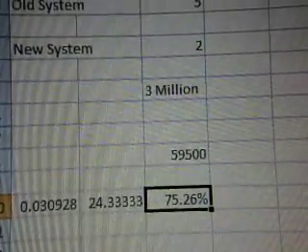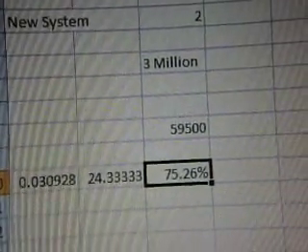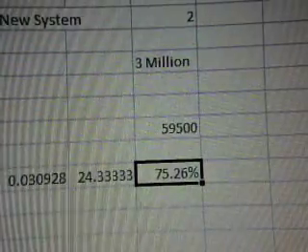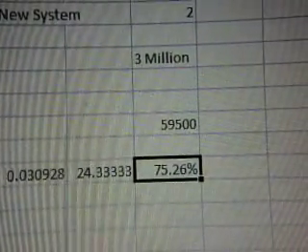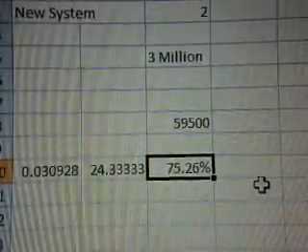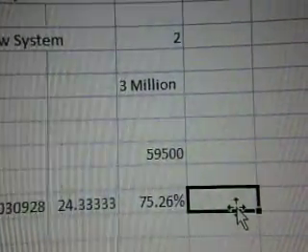Bottom of the page, effective annual rate is equal to 1 plus the first part of the computations raised to the power of the second part minus 1. This is what exactly I'm going to do here.